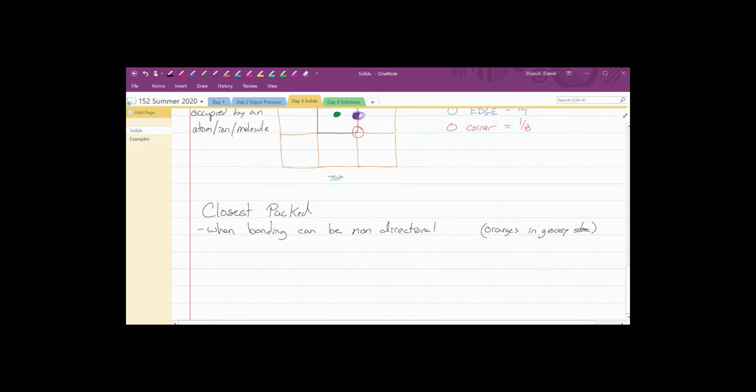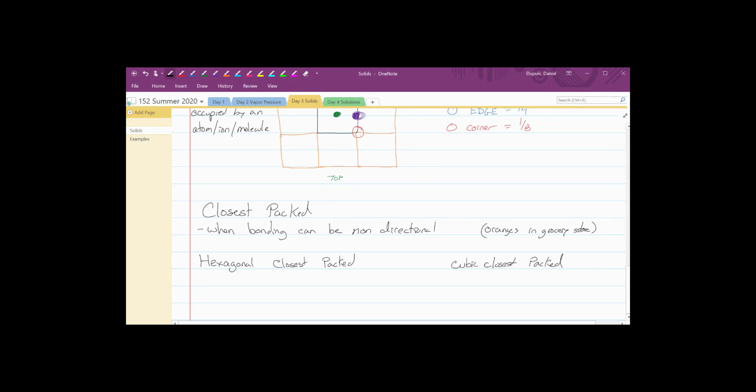So there are 2 options that your book goes through: hexagonal closest packed and cubic closest packed.